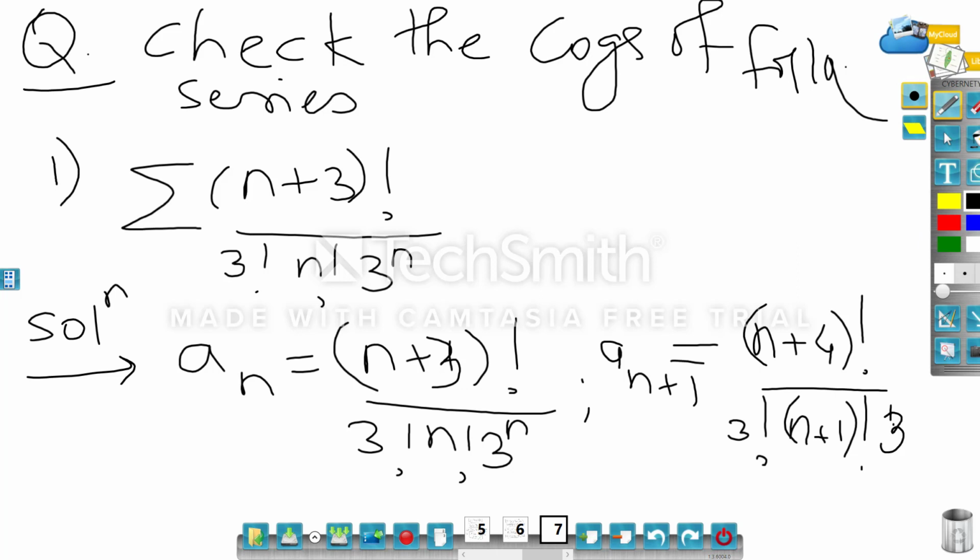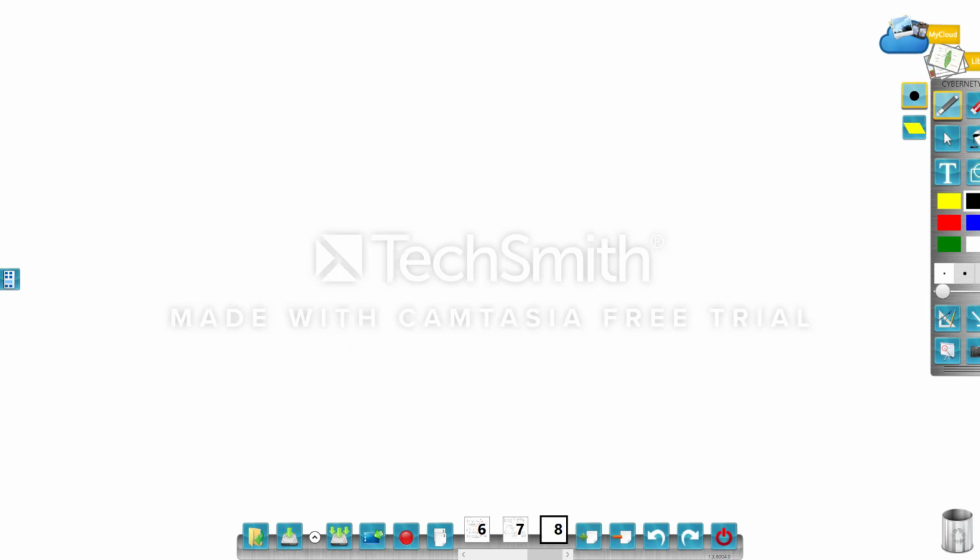So we have a_(n+1) and we have a_n. So let's find the ratio a_(n+1) upon a_n.